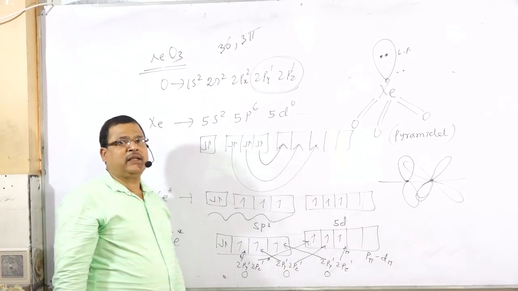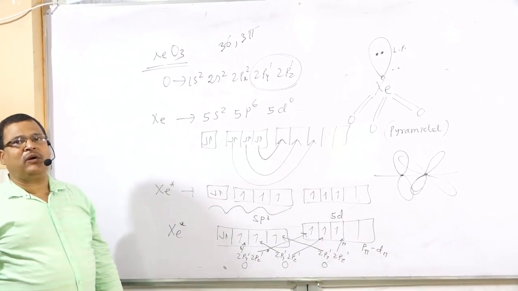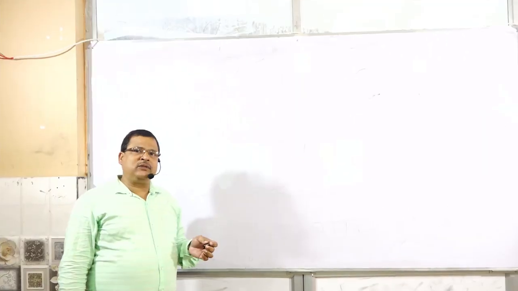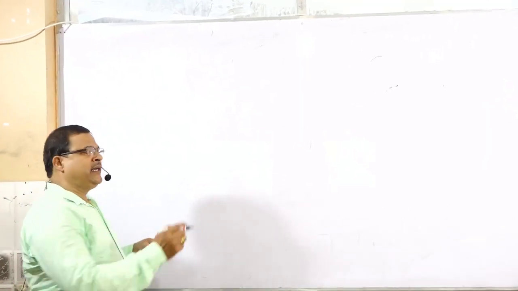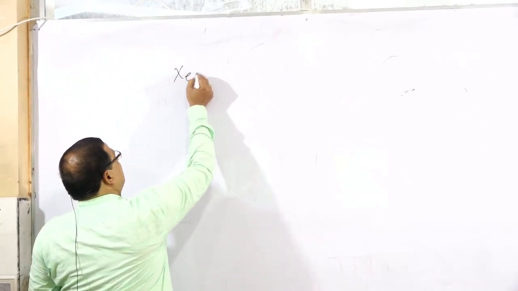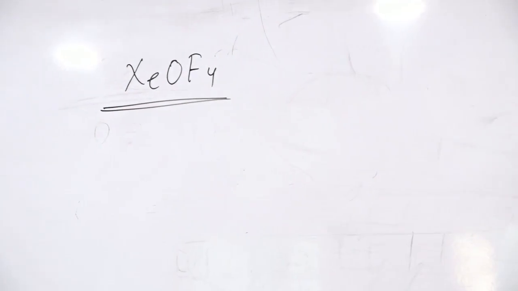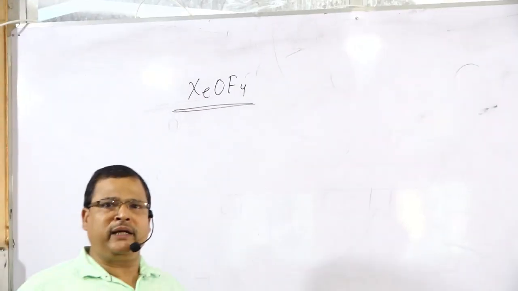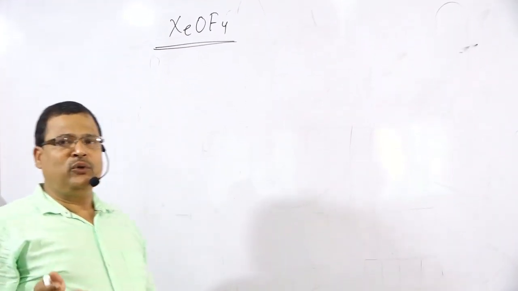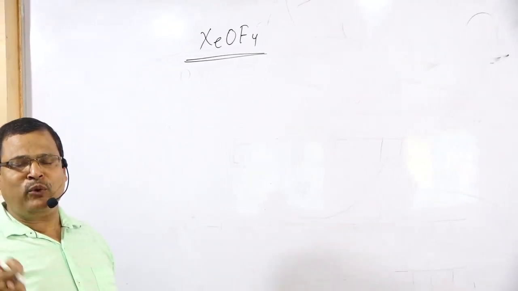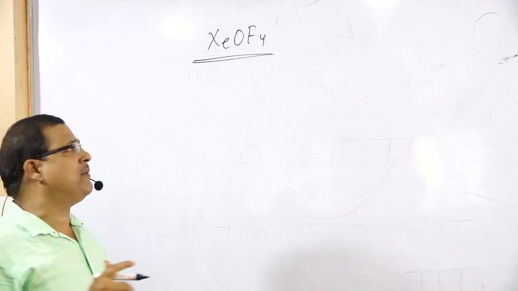Next we will look at a mixed compound, an oxygen-fluorine mixed compound of xenon. Next we will see the structure for XeOF4. In this compound, there is the presence of fluorine as well as oxygen. We know that oxygen has the ability to form 1 sigma and 1 pi, but the fluorine atom has the ability to form only sigma.